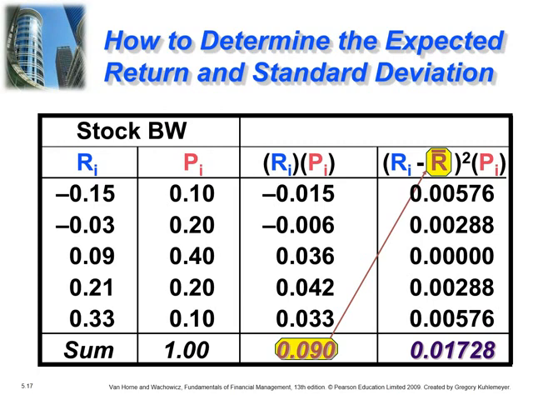Negative 0.03 by 0.2 equals negative 0.006. 0.09 by 0.4 equals 0.036. 0.21 by 0.2 equals 0.042. And finally, 0.33 by 0.1 equals 0.033. After that, I add all the numbers in the third column together to find the R bar.